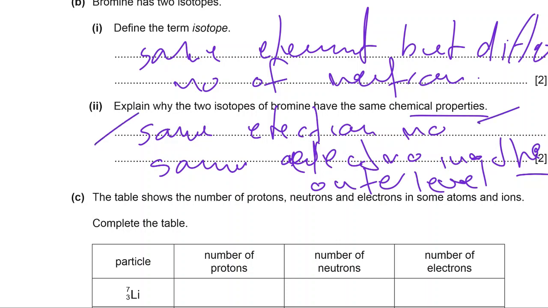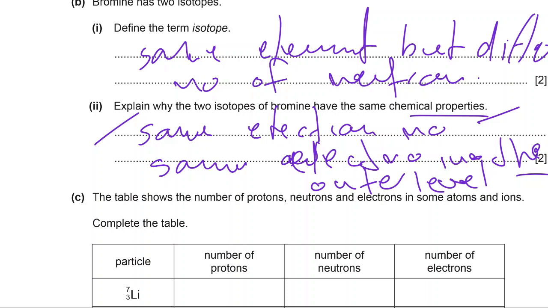To be more precise, you have to say same electrons in the outer energy level, because the number of electrons determines the chemical properties of the substance.